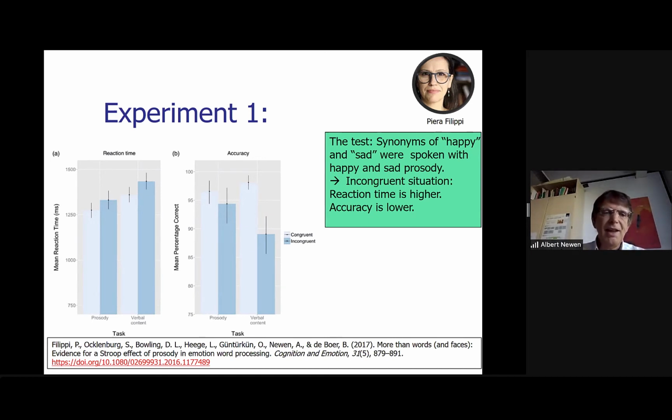In the incongruent case, the dark blue, you see that the reaction time increases and that the accuracy of reporting the content decreases. This is exactly the Stroop effect, which indicates that at least emotion words are strongly influenced by the vocalization, by the prosody.